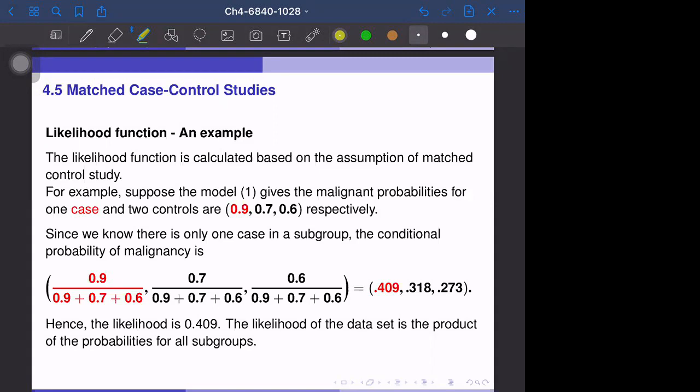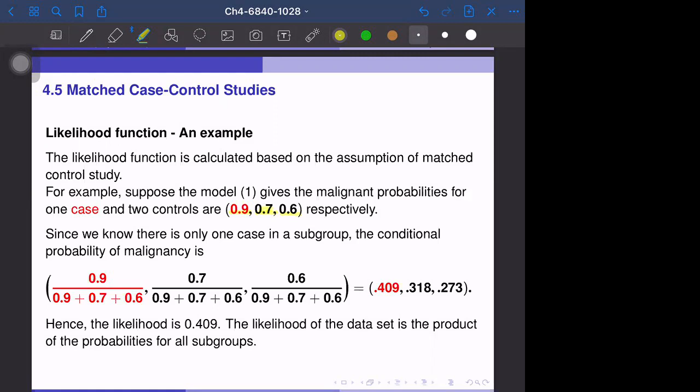So for example, suppose that the previous model, basically the log of the p_j is equal to alpha_j plus beta transpose x. That gives the malignant probabilities for one case and two controls. Suppose that the numbers are 90%, 70%, and 60%. So the first observation, the case, has the 90% fitted probability for a given parameter.